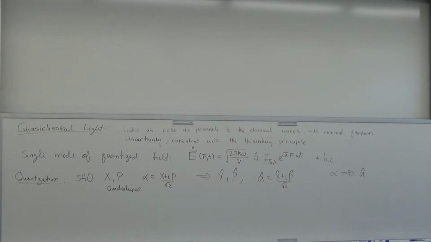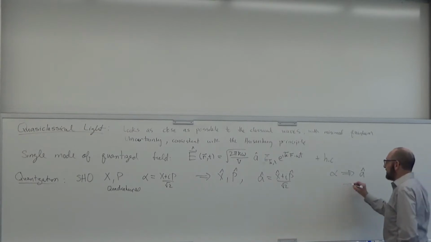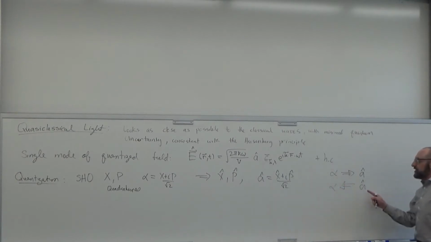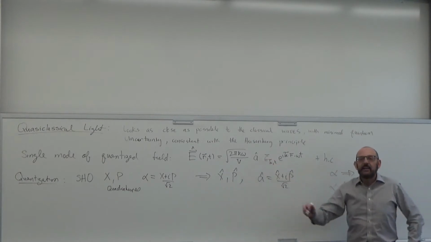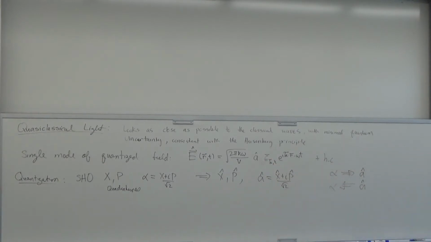So, anyone have a suggestion of how I unquantize? I want to take the hat off. So, to unquantize, I want to somehow look for a state of the field for which I can replace the A's by alphas. All right?